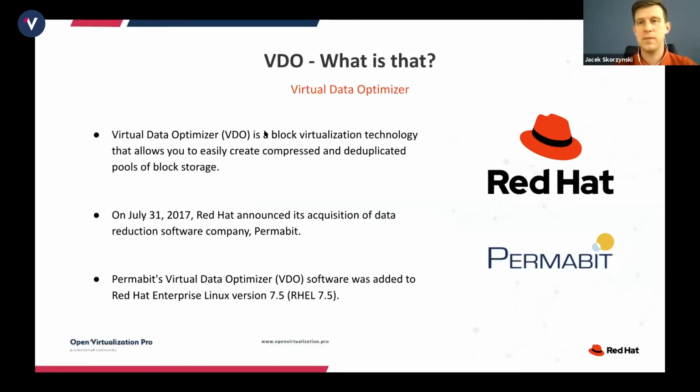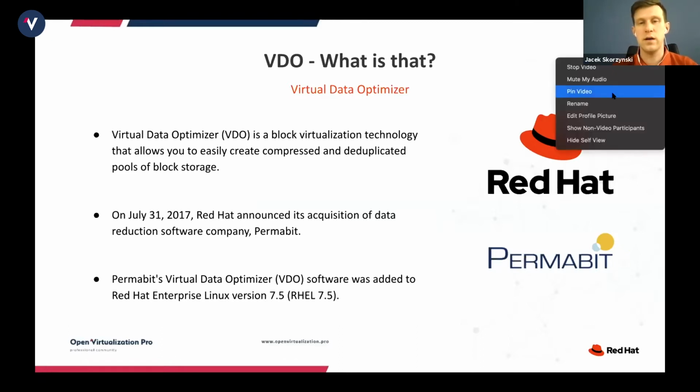But the history of that at Red Hat starts when Red Hat acquired Permabit, a company which was responsible for the development of the software, and we were partners for quite some time.